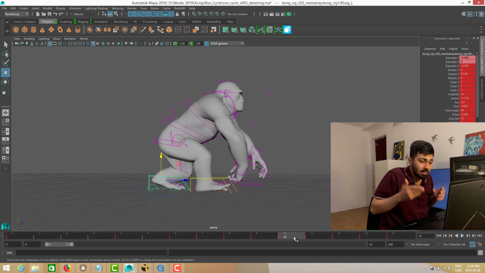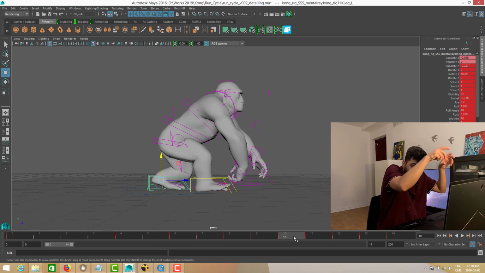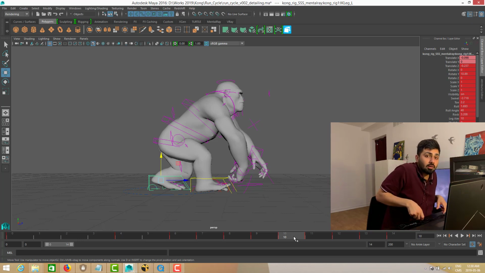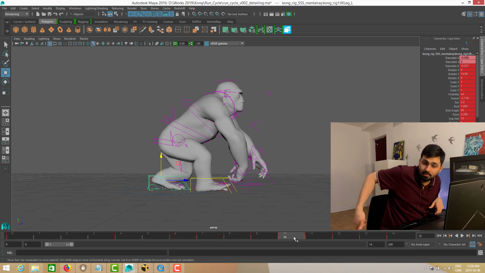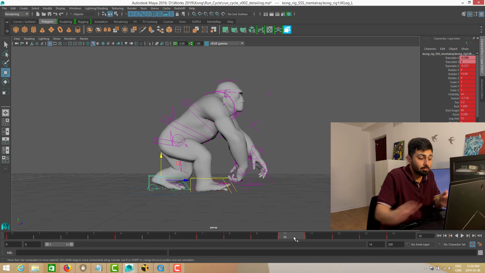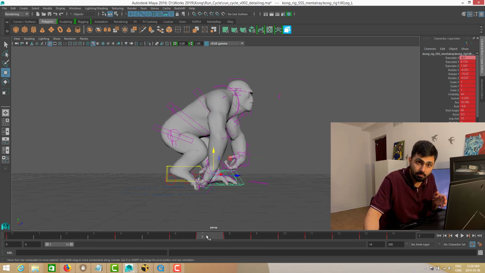And by doing this, he reached his third pose. In the third pose, he is completely squashed. He is squashed because of that second pose. He pushed himself forward, he brought his hands closer, and he's trying to bring his legs closer too. And by doing that, he will be squashed on frame 7.